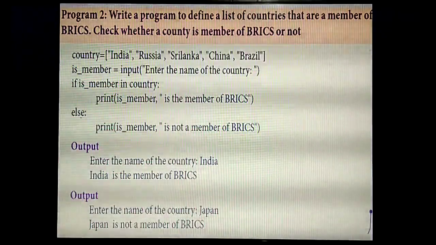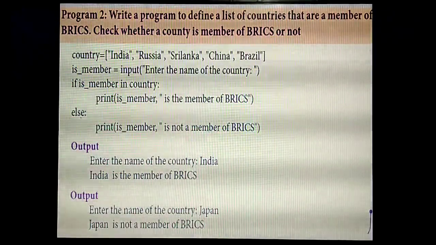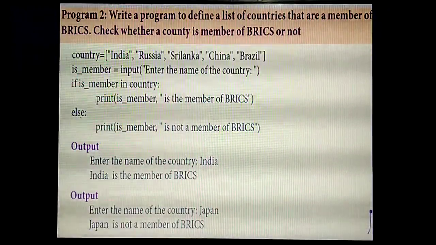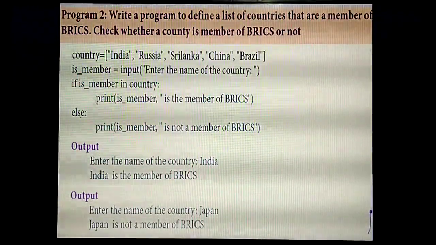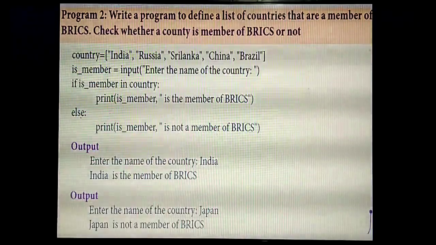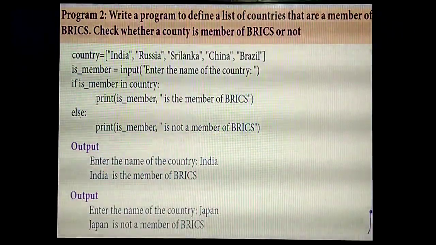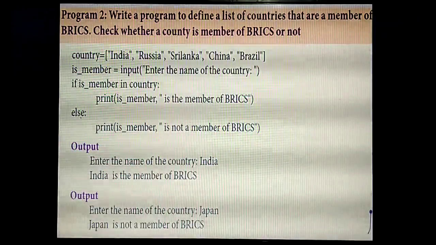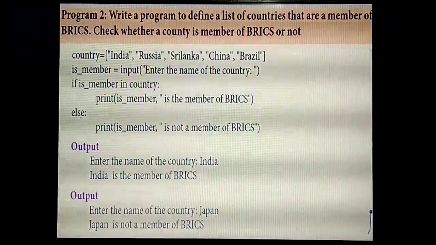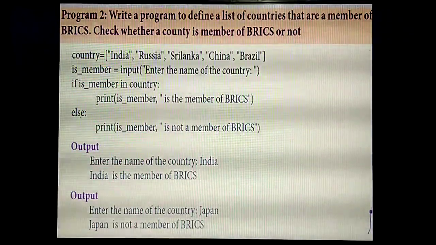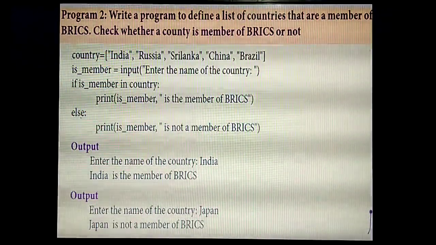In your question they have asked that you enter some country and find whether the country is present inside this list or not. For that, they are using one name called isMember. What do you mean by isMember? Already you have studied in and not in, the same meaning: whether it is present or not.